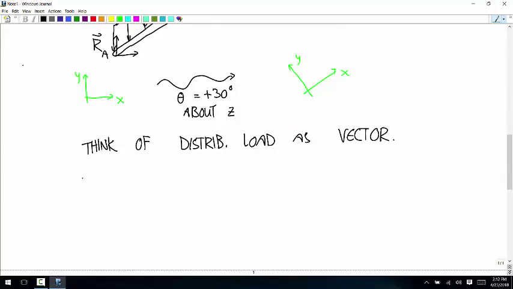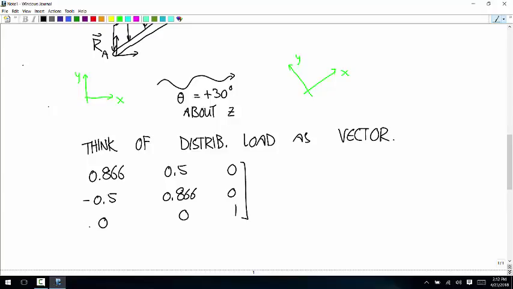So we'll take this rotation matrix: cosine of 30 is 0.866, sine of 30 is 0.5; negative 0.5, positive 0.866, 0; 0, 0, 1.